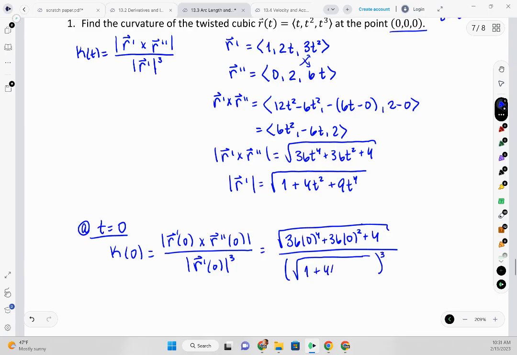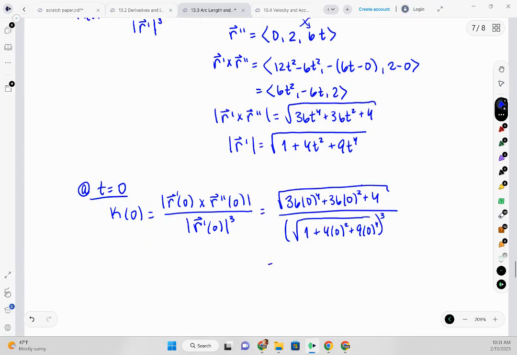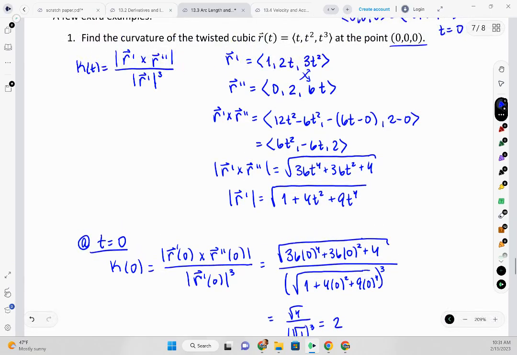Inside I have 1 plus 4 times 0 squared plus 9 times 0 to the fourth. I simplify all of this, and on top I get the square root of 4, and in the bottom I have the square root of 1, cubed. And this simplifies very nicely to just be 2. So I have a curvature of 2 for this twisted cubic.